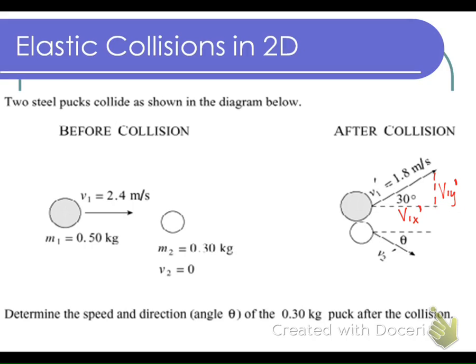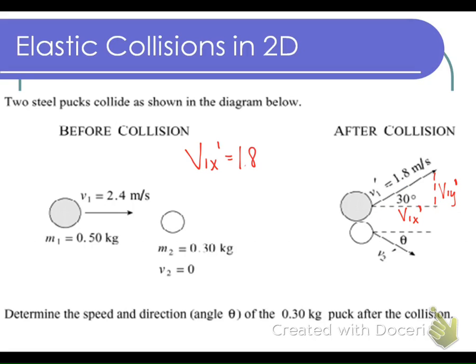All right, so let's go ahead and break these down. We'll solve for v sub 1 x prime first. If we want to solve for that, we're going to take our hypotenuse times sine or cosine. V sub 1 x prime is adjacent to this angle, which means we need to use cosine, because we're using the adjacent and the hypotenuse.